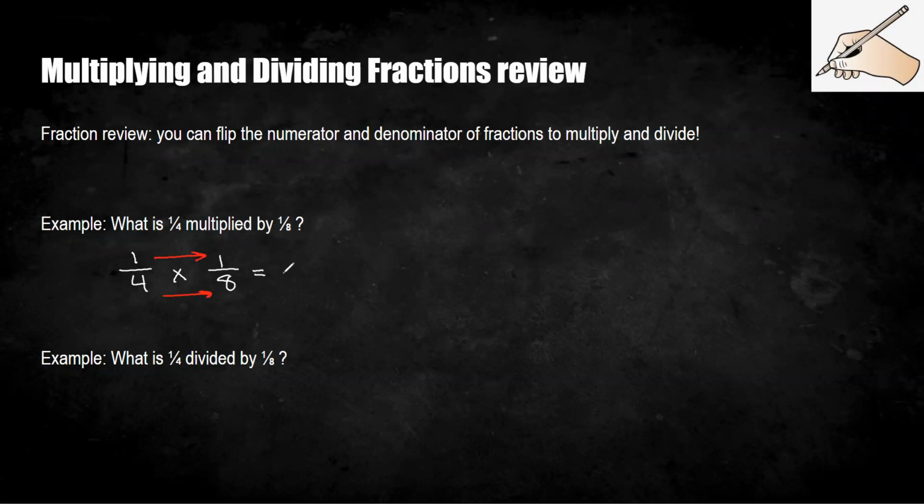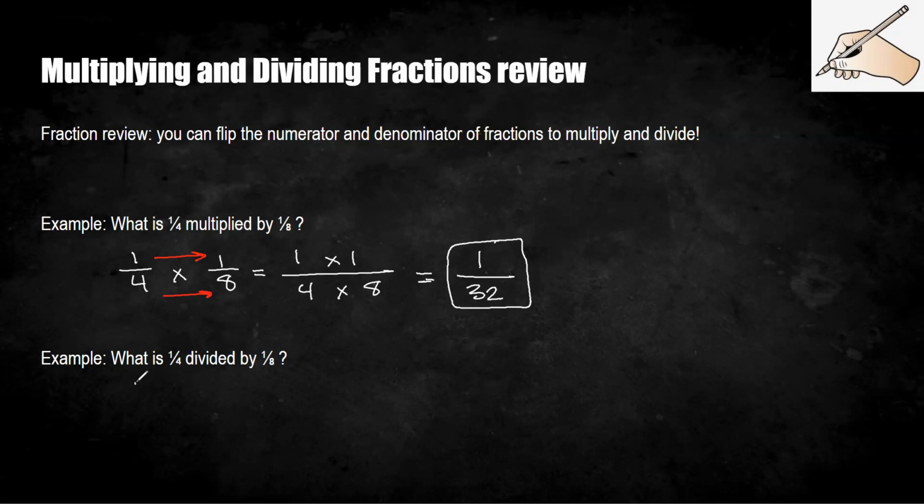So the next step in this would look like this: 1 times 1. The numerators multiplied together and the denominators multiplied together. So our final answer for this question, 1/4 times 1/8, is 1/32.